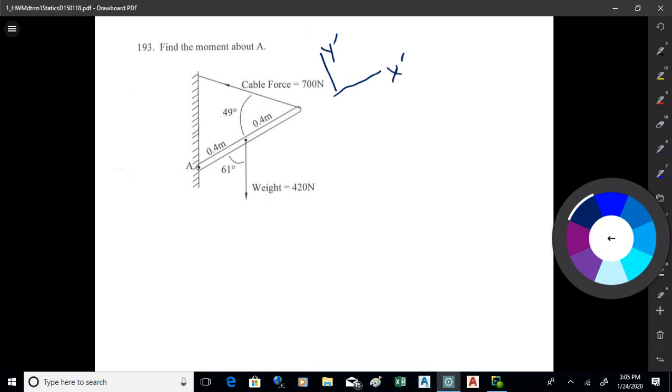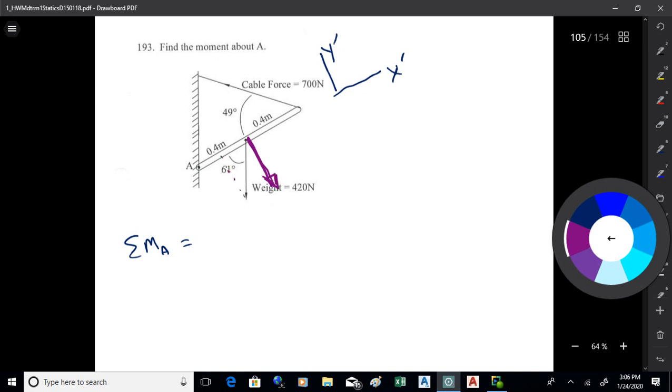If you were to do that, for a sum of moment about A, you can now take the component on that axis system, which comes from right here on that triangle.